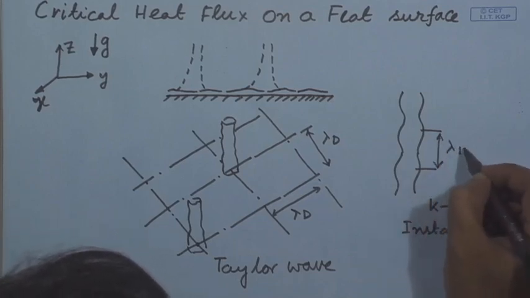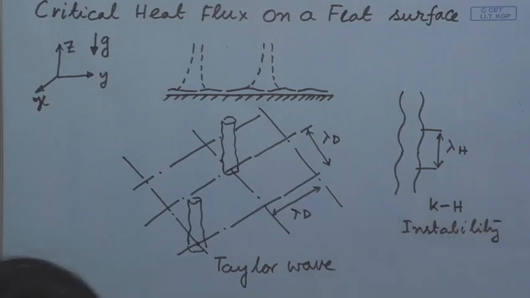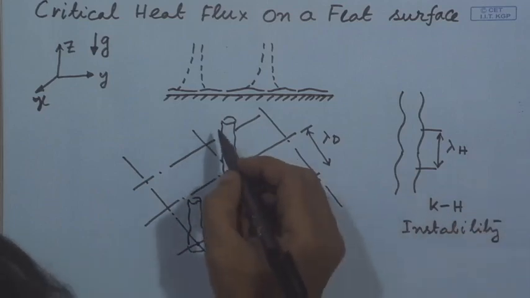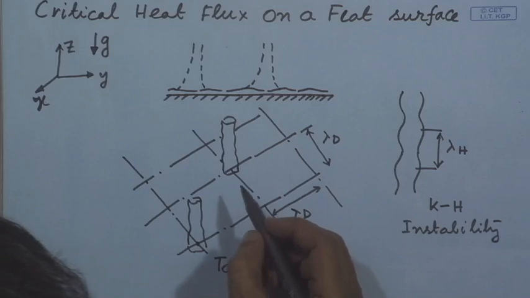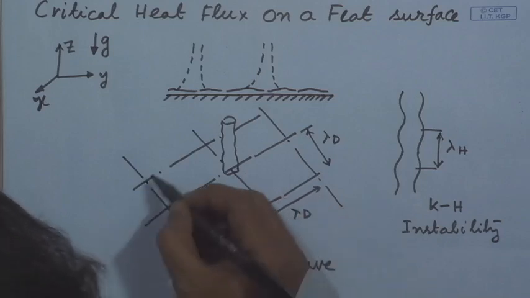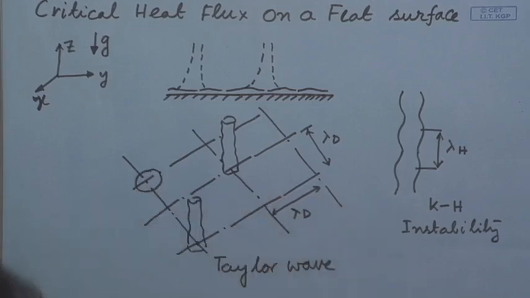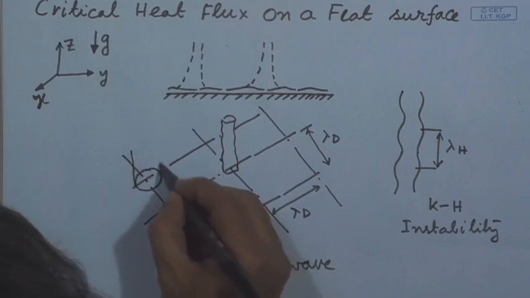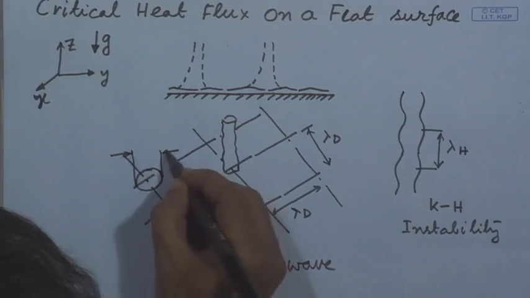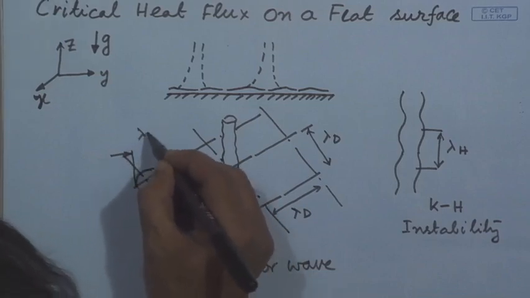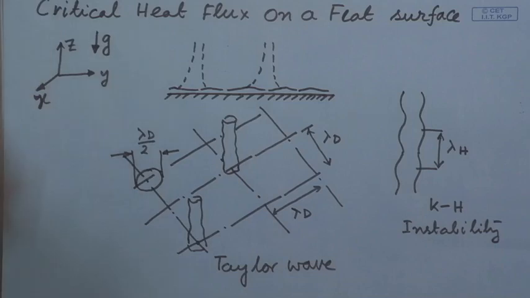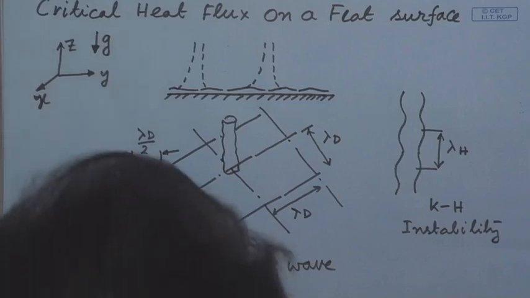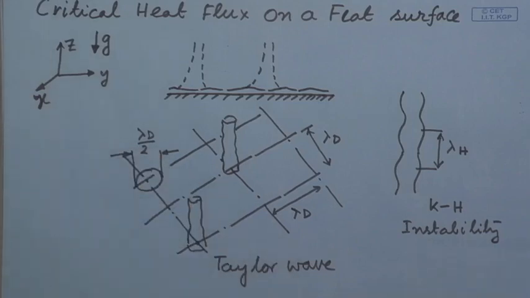Let us denote it by lambda h. And also it has been seen that the jet diameter is given by lambda d by 2. So, more or less this gives an idealistic view of the boiling phenomenon when it is at the critical heat flux.